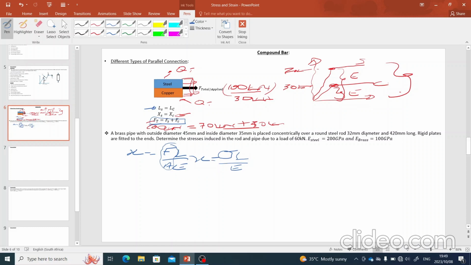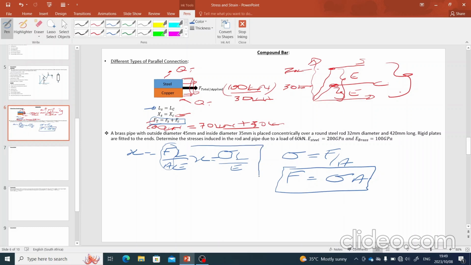Now let's look at the force part of it. How do we calculate stress? Stress is force over area. Now force would be stress multiplied by area. These two formulas are applicable.